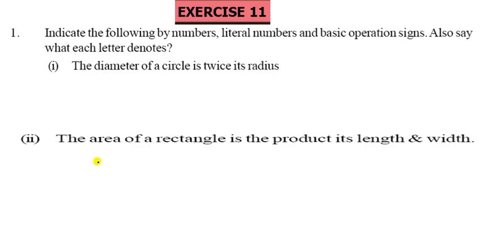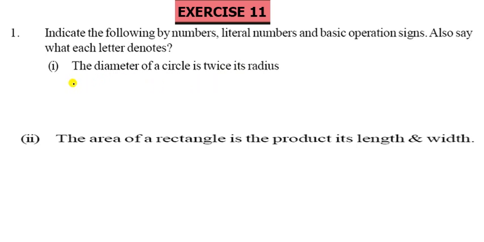What will happen in your exercise? Exercise 11: Indicate the following in literal numbers and the basic operation sign. Also say what each letter denotes. First, the diameter of a circle is twice the radius. So how can we write this?